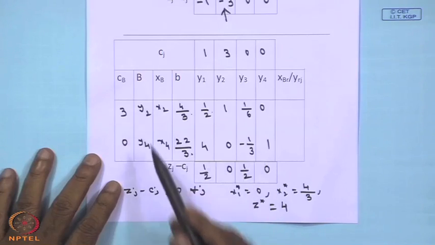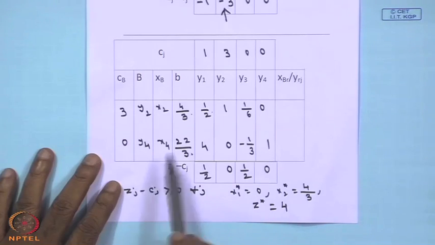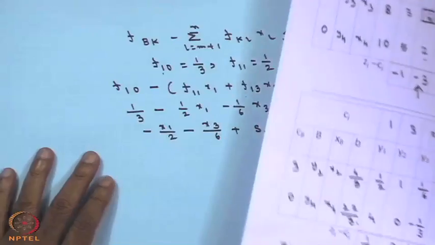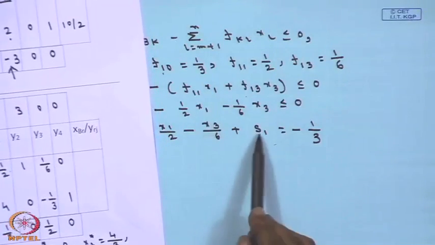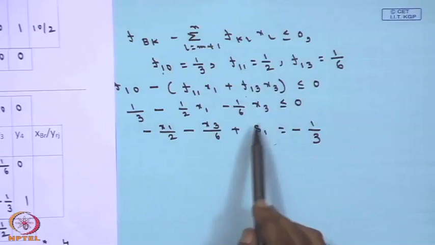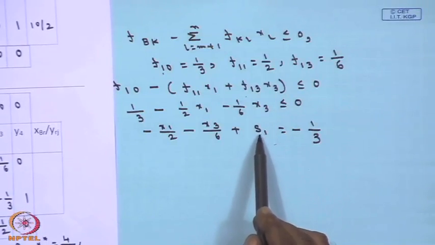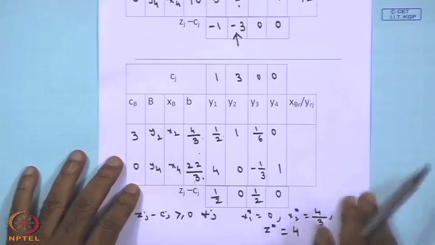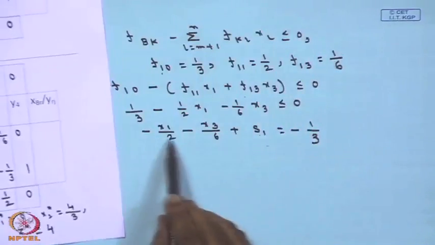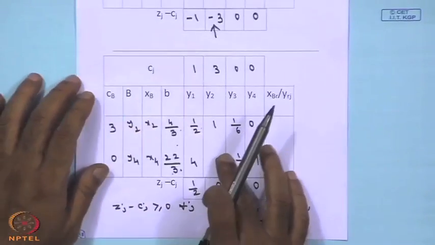So, with this I have to add one more variable, that is S 1, the slack variable. So, S 1 will enter into the basis, and corresponding to S 1 this row I have to add in this table.